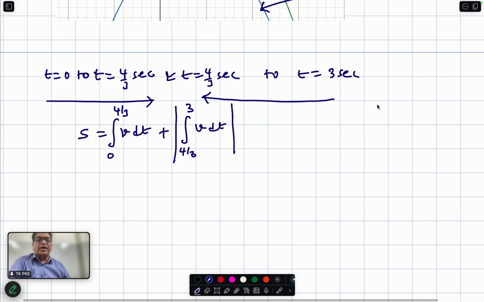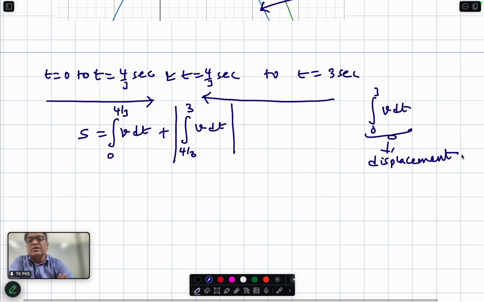If you do simply 0 to 3 v dt, you know what you will get? You will get displacement. But if we are doing this, you will get distance.